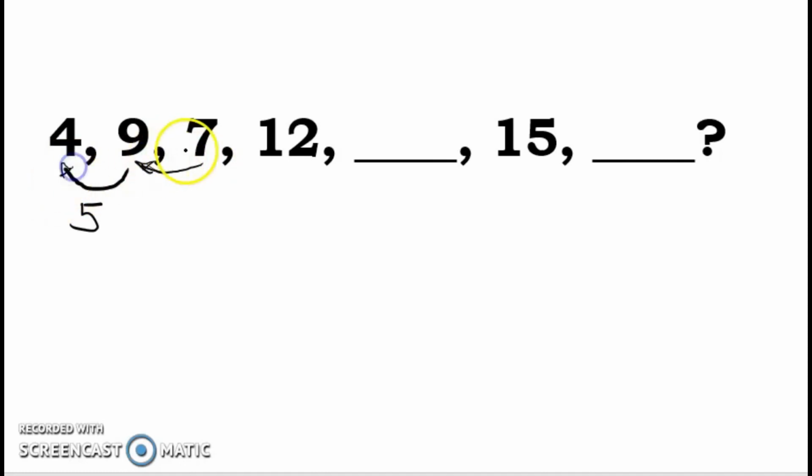Papunta dun pag nag-minus. 7 minus 9 is, since mas maliit yung 7 sa 9, so the answer is negative 2. 12 minus 7 is 5. So dito may pattern na siya. 5 and then negative 2 and then 5.